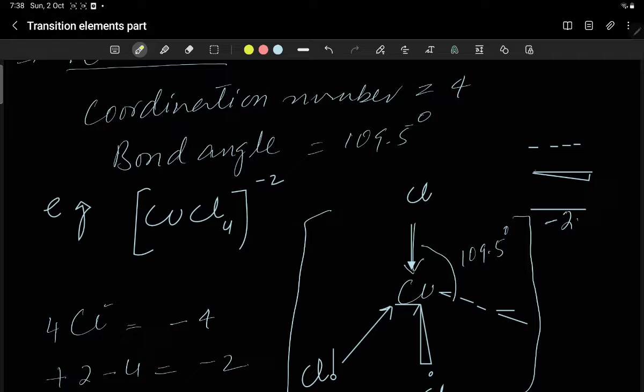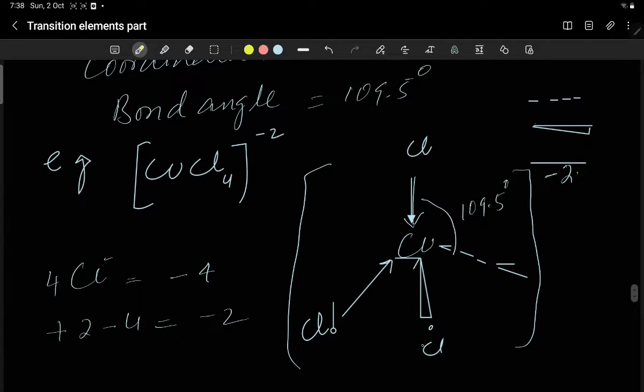So tetrahedral can be shown like this. This is towards you, and always draw the lone pair of electrons on the ligands. So the angle is 109.5. The overall charge is minus 2. How do we predict this charge of minus 2?